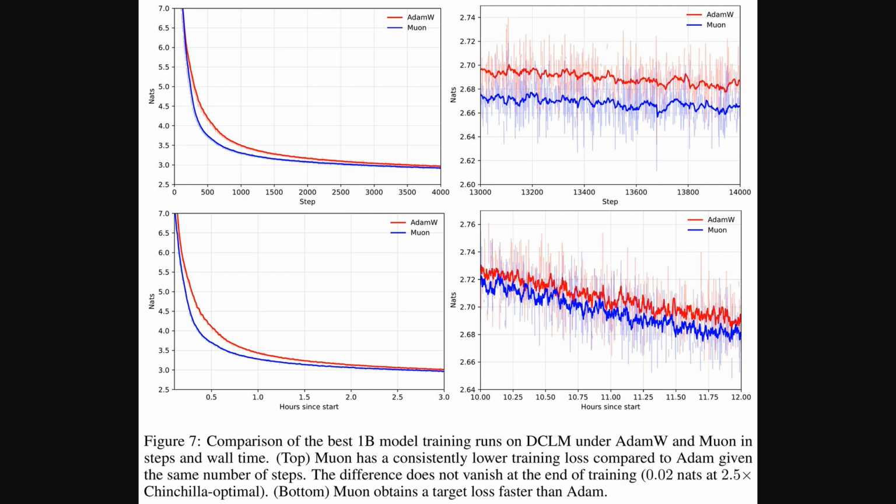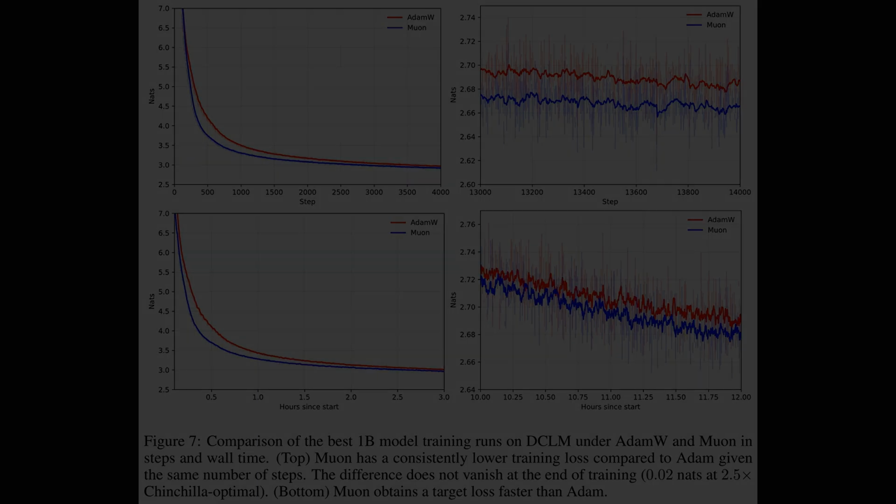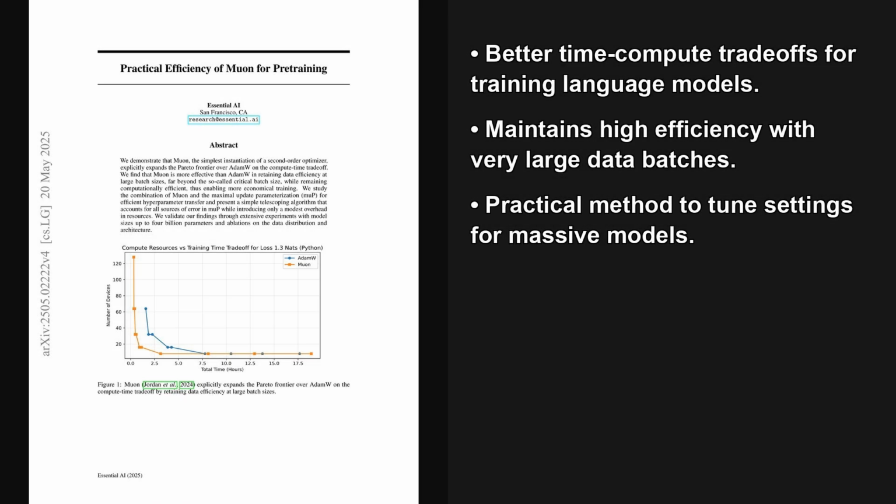The top row plots this loss against training steps, and the bottom row plots it against real-world clock time. And the result is really clear. Muon consistently achieves a lower loss, meaning it learns more effectively, both per step and per hour. Even at the end of training, as you can see in the zoomed-in plots on the right, that performance gap remains.